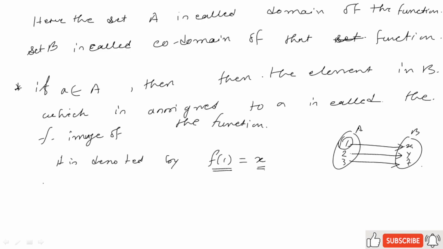So here we have learned the images are x, y, z, and the pre-images of x, y, z are 1, 2, 3.